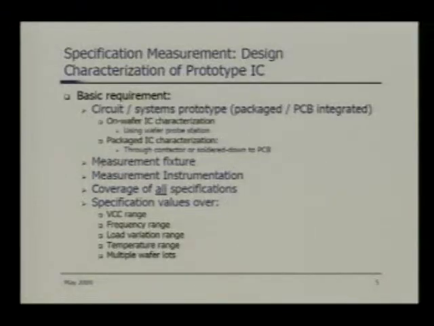You need measurement capture instrumentation, or test response capture instrumentation, like say a spectrum analyzer or oscilloscope, to capture the measurement and calculate the specification. So you need measurement instrumentation apart from the measurement fixture, okay. And the purpose of device characterization is to measure all the specifications over all the process corners.